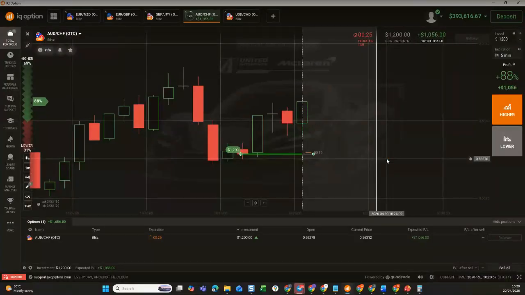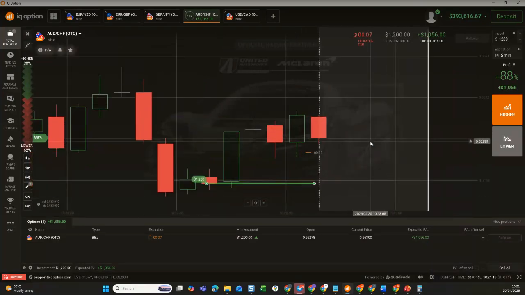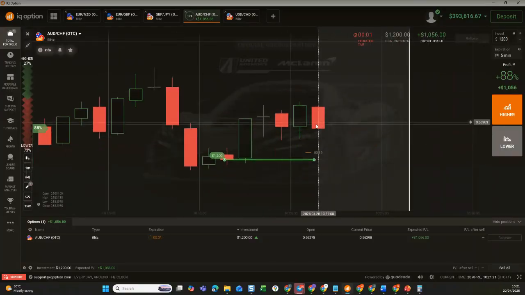Okay. 12 seconds. Looks like we've saved this one. So 10, 9, 8, unless anything drastic happens. So now we won this signal at the first martingale level.